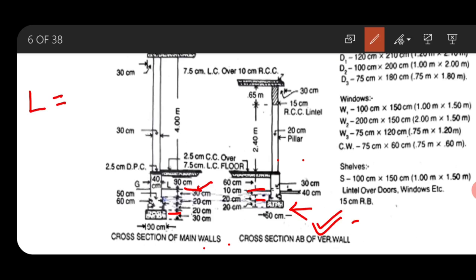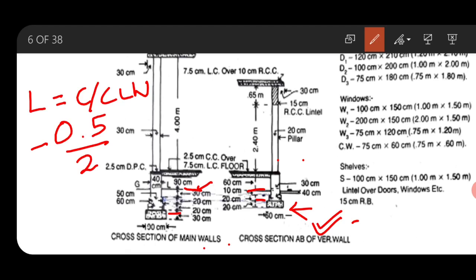For example, in order to get the length of the veranda wall, from the center to center length of the veranda wall, we have to subtract here half of the width of the second footing.